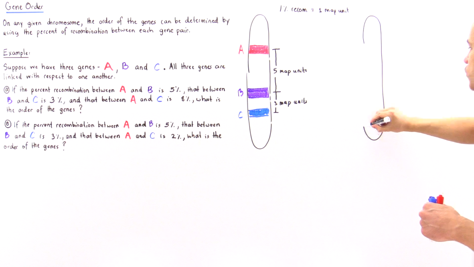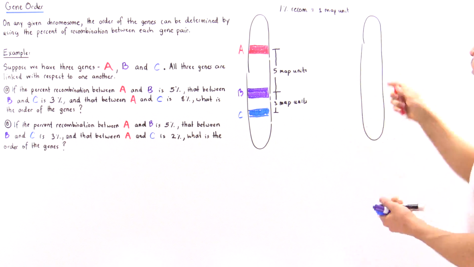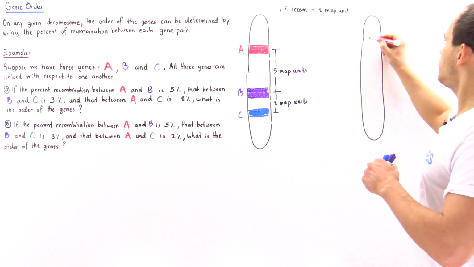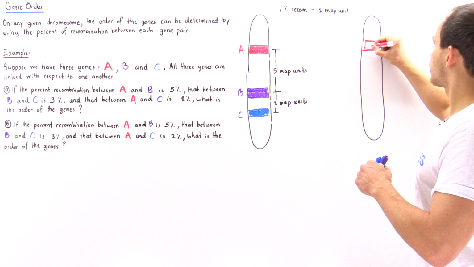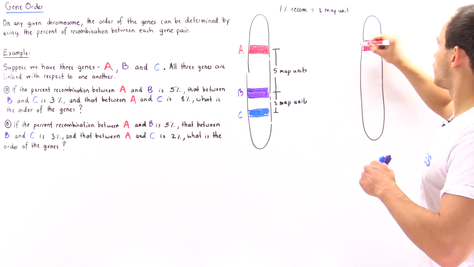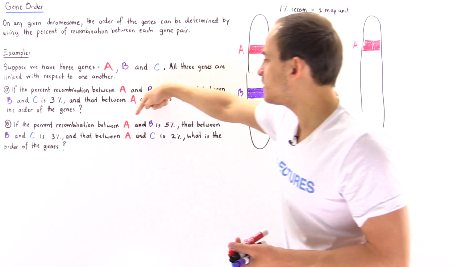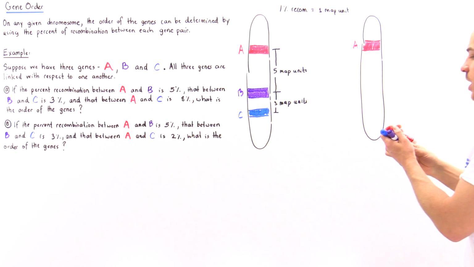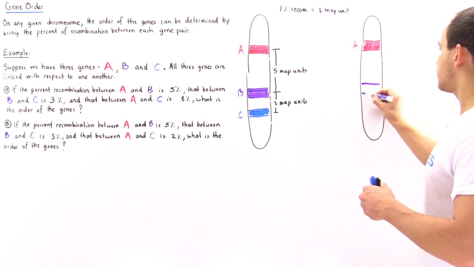This is our chromosome. Now we begin with gene A. Let's suppose gene A is up here, just like in this case. This is gene A. Gene B doesn't change, it's 5%, so we're going to place B in the same location as in that particular case.